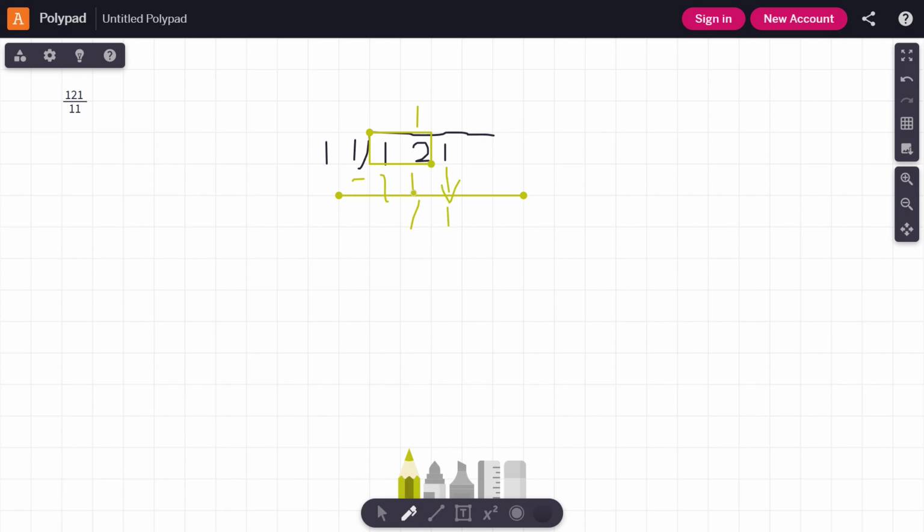Now we have 11. And then we're going to look at this part, and not necessarily the 2, because we have plopped a new 1 here.